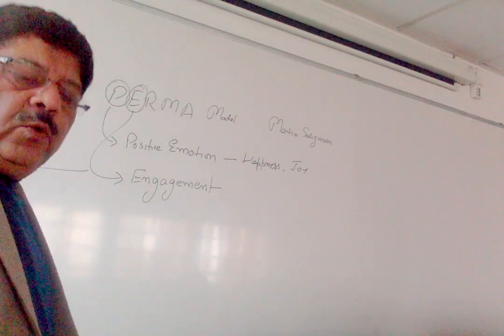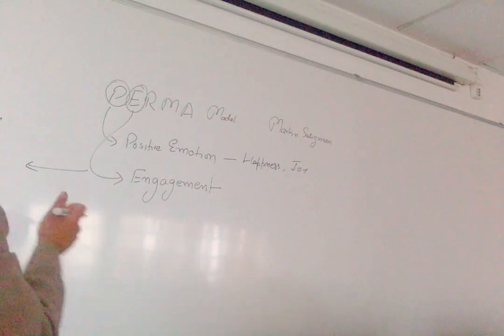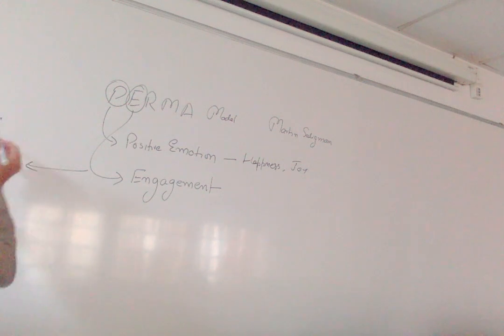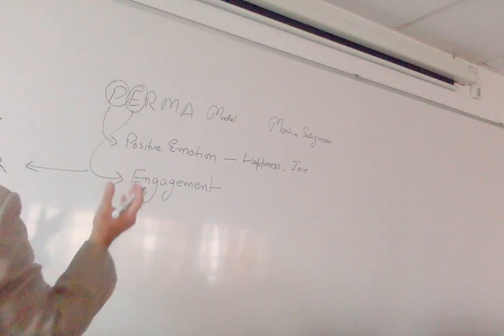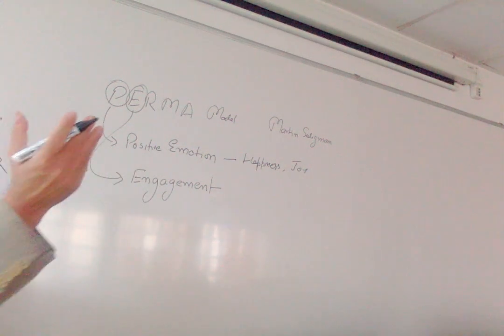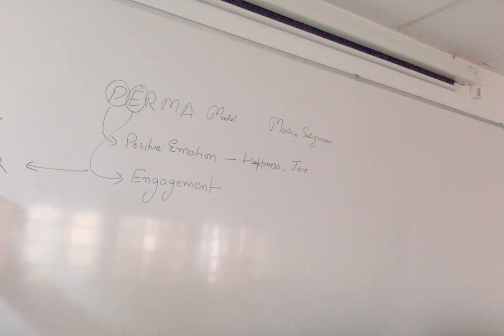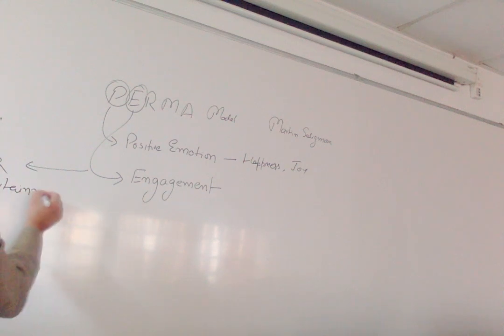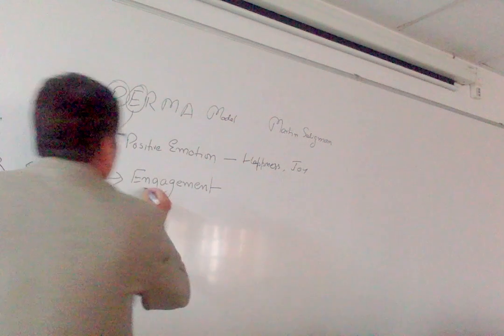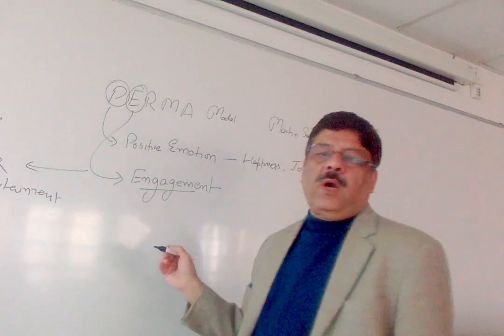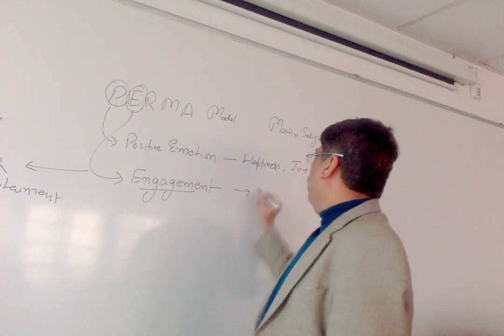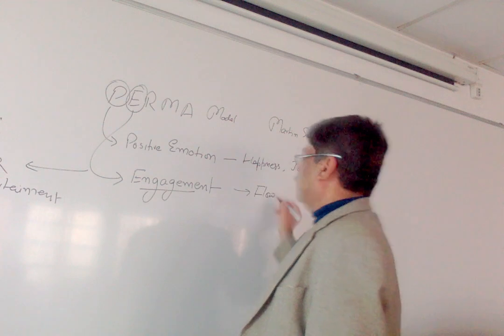You are absorbed in your work or in your life, in your work sphere, in any entertainment activity you are doing. Total involvement. This is also called by a different name, that is called flow state.